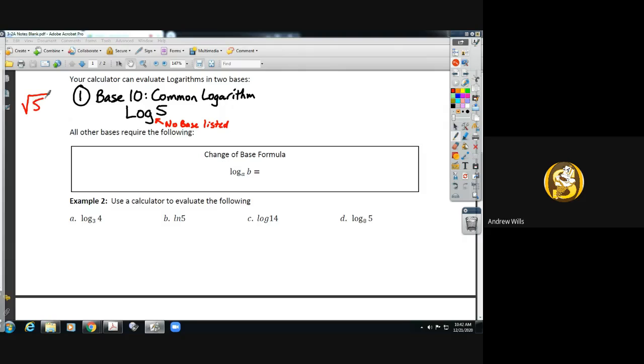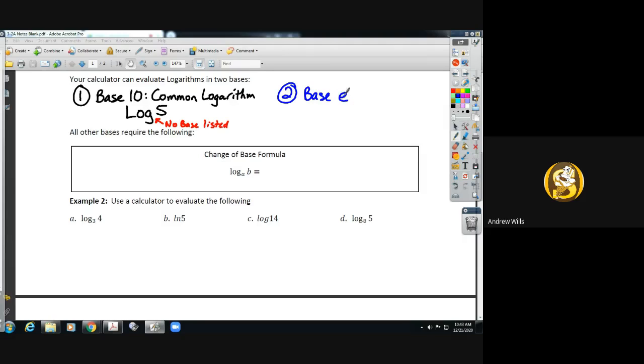The square root of 5, there's no 2 listed, right? It's the same idea. It's like when an exponent is 1, we don't write the exponent because it's unnecessary, okay? So if you see a logarithm and it does not have a base listed, that is a base 10 logarithm or a common logarithm.